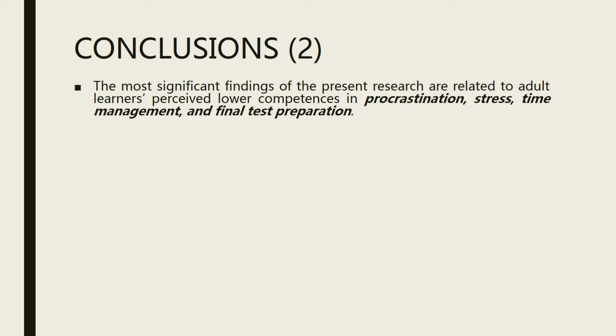So it shows that with regards to procrastination management, perhaps they had difficulties in following their study schedule, or with regards to stress, perhaps they experienced some tiredness while studying, or they felt worried about delivering or submitting their assignments on time.